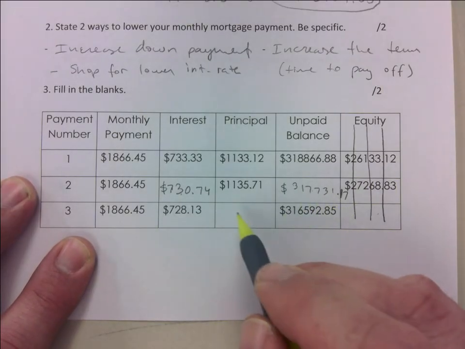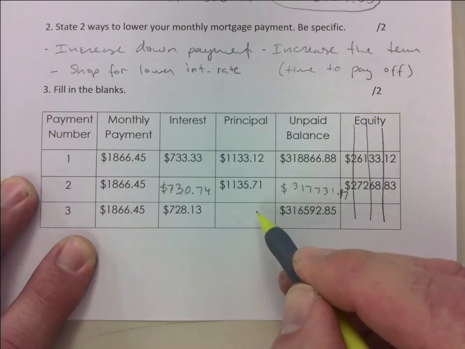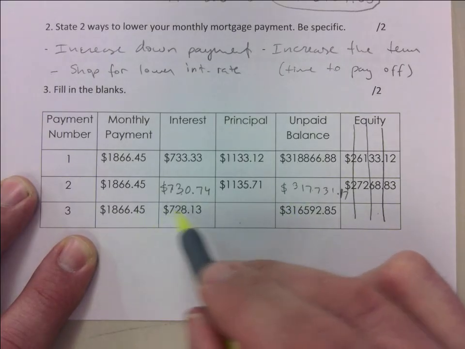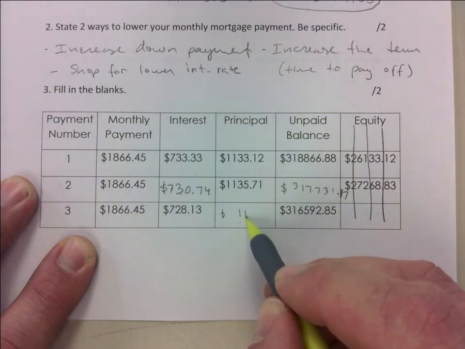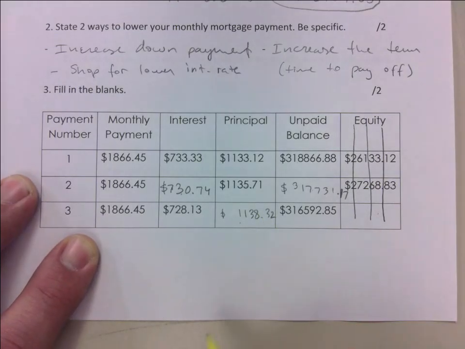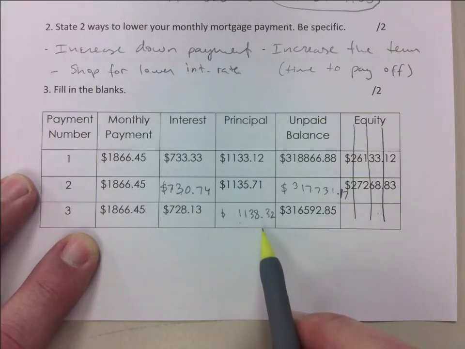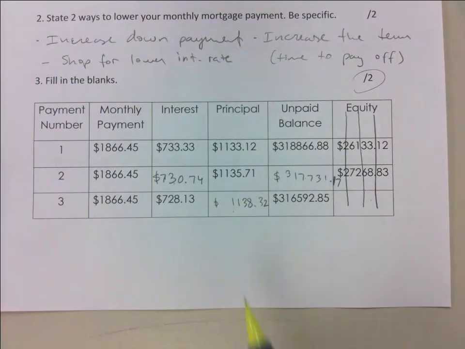And then this one here, you've got 2 options. You subtract these two to get that, or you subtract these two to get that. Regardless, you should get the same answer. 1,138.32. Okay? So we're still going to make this worth 2 marks, okay, just to make it easier.